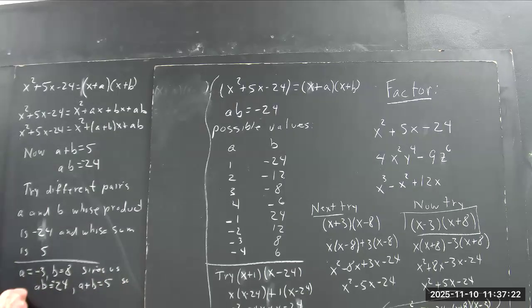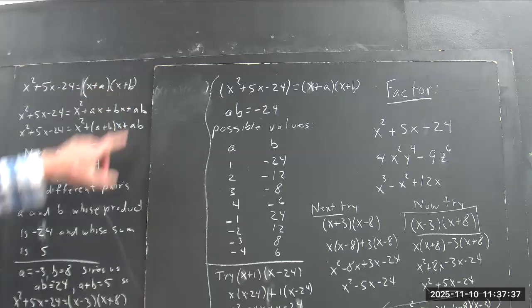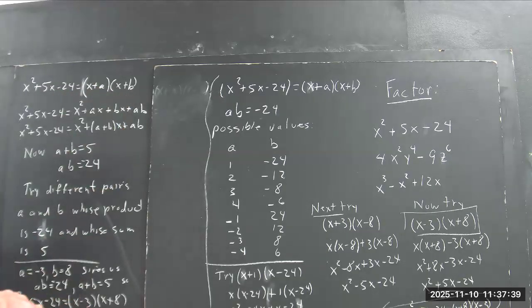So a and b are the numbers that work here. And our factorization is this.